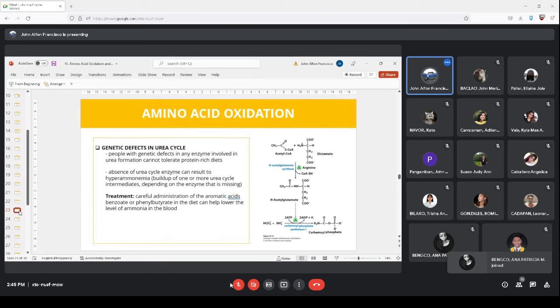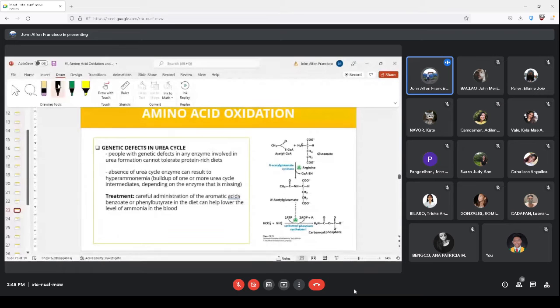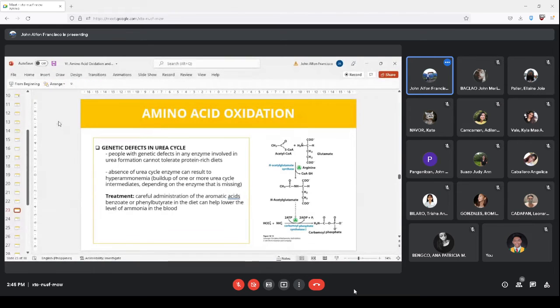So what are the genetic defects that can happen in the urea cycle? People with genetic defects in an enzyme involved in urea formation cannot tolerate a protein-rich diet. So the treatment there should be to avoid or limit the consumption of the protein-containing diet.